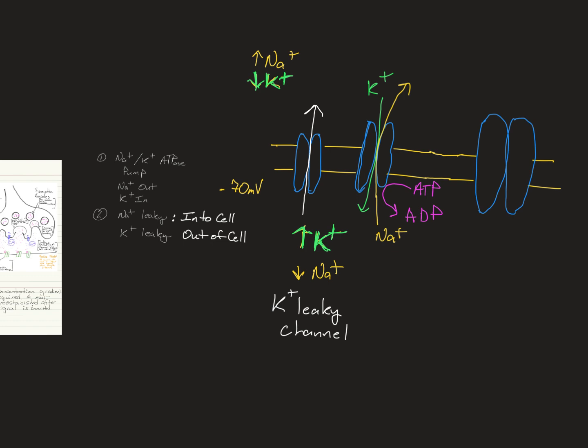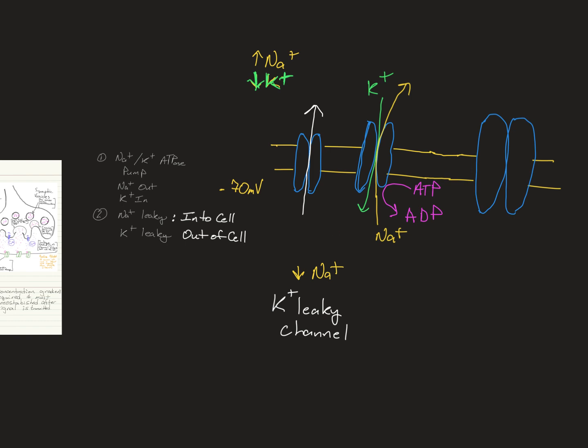So now the other leaky channel, remember this is the concentration on this side of the membrane, on the inside. Let me erase this because this has to be somewhat confusing for somebody.